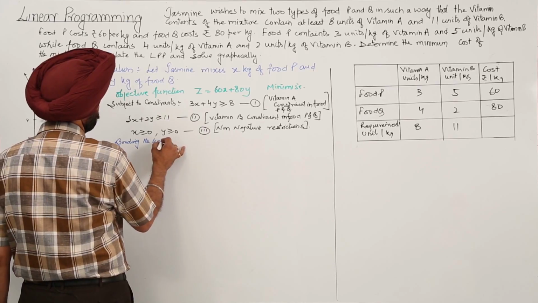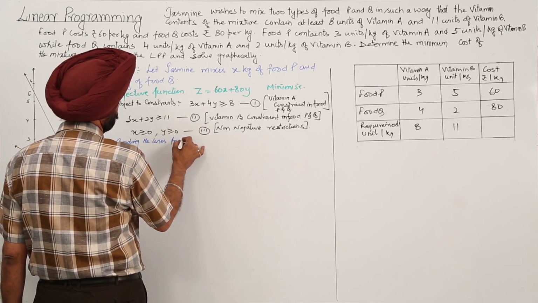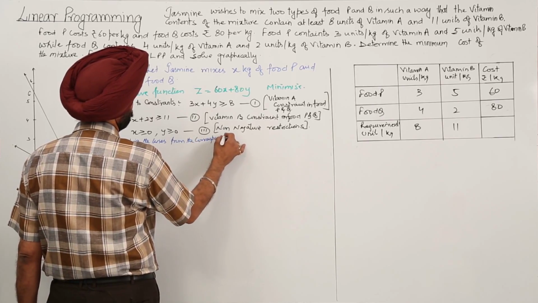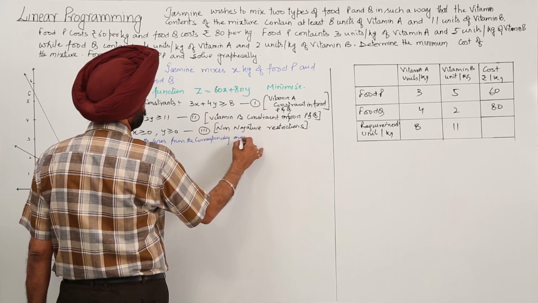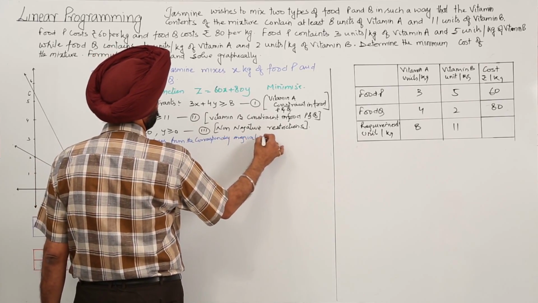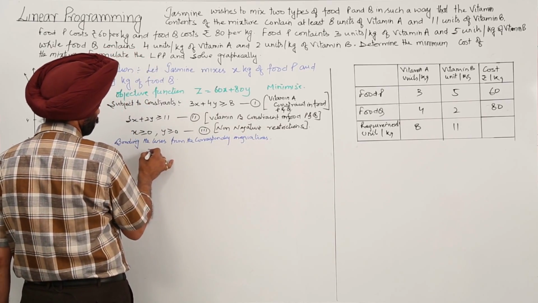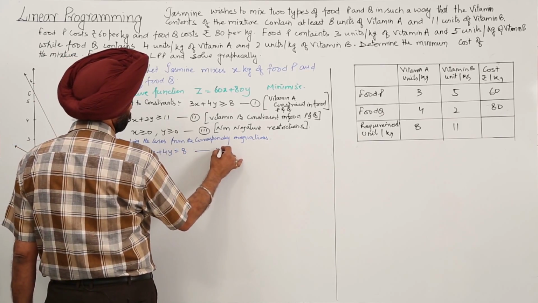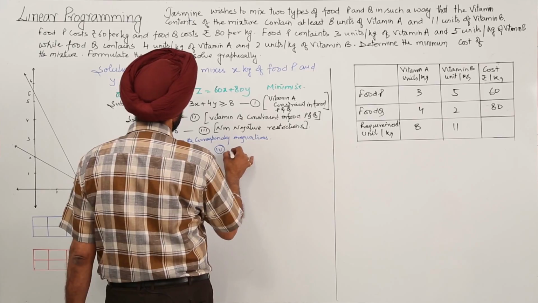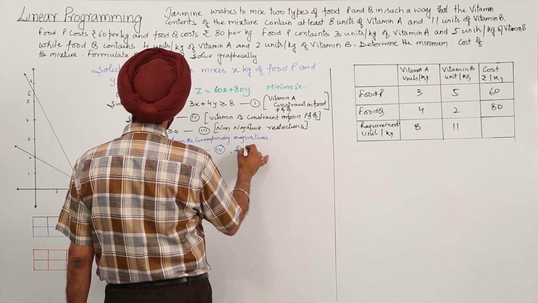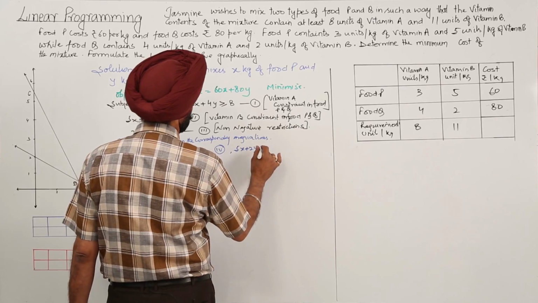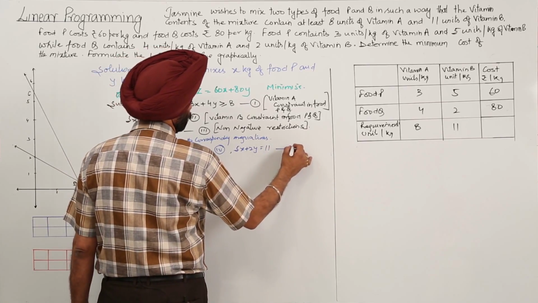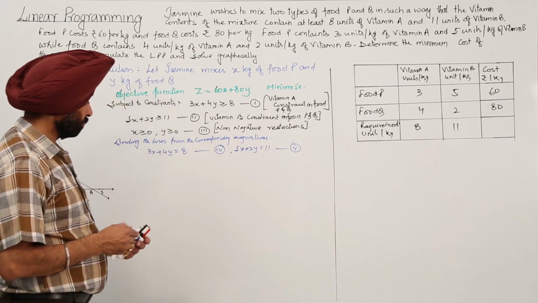Now converting the inequations into lines from the corresponding inequations, we are having now 3x plus 4y is equal to 8, equation 4, and 5x plus 2y is equal to 11, equation 5. One thing. Okay.